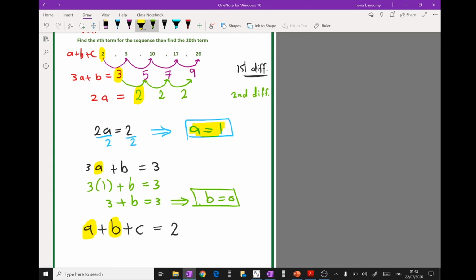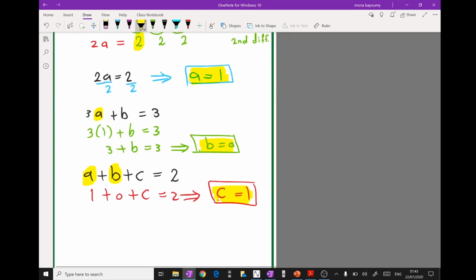So the new equation is 1 plus 0 plus c equals 2. This means c equals 1. Now I found the three constants: a equals 1, b equals 0, c equals 1.